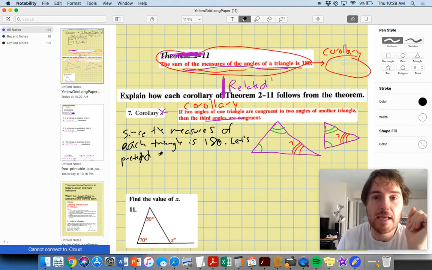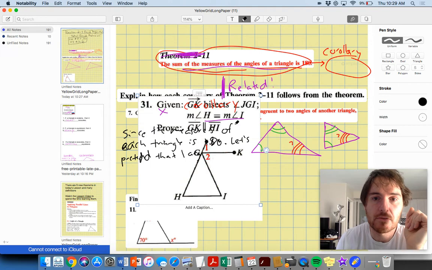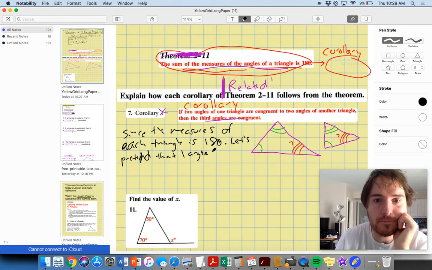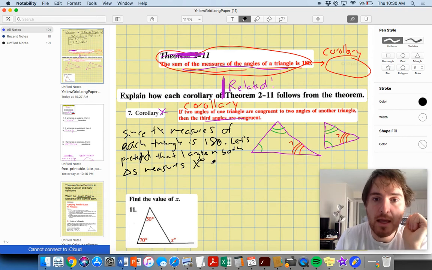Let's pretend that one angle in both triangles measures x degrees, and another angle in both triangles measures y degrees.